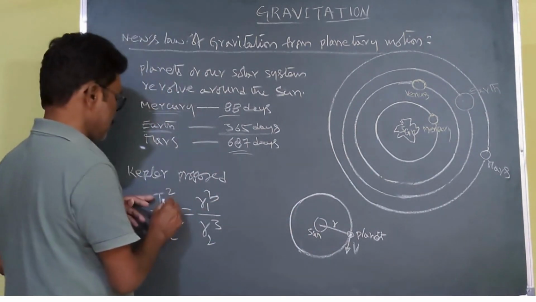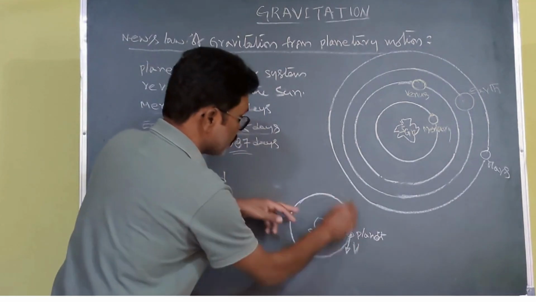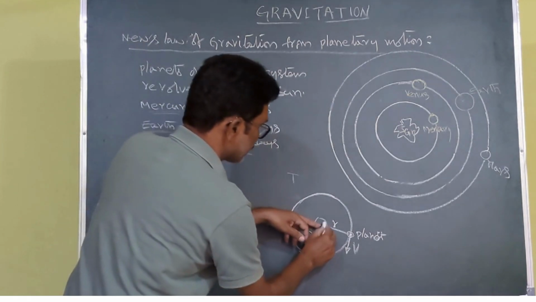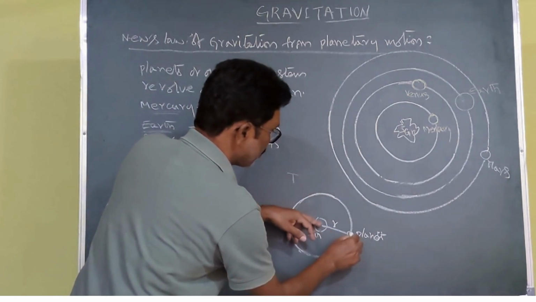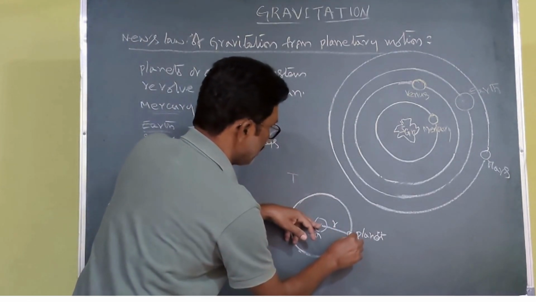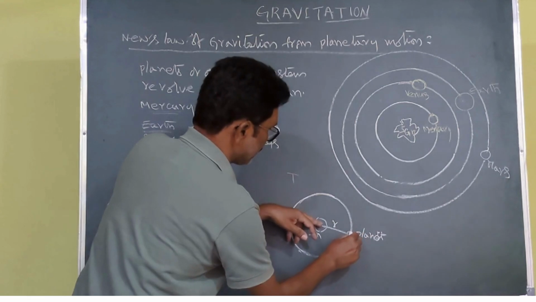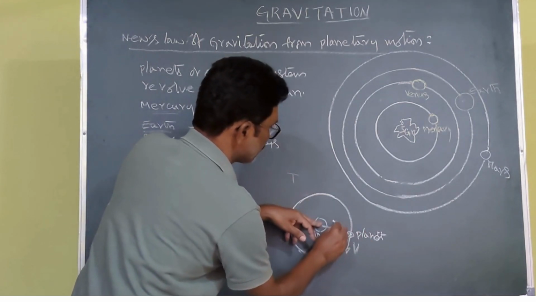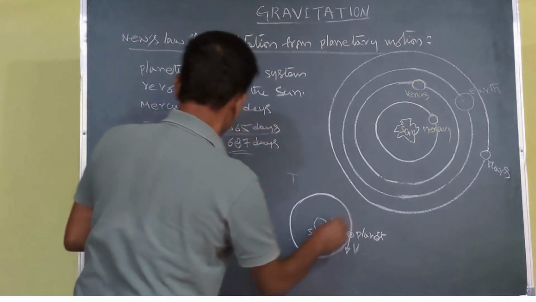The time to complete one revolution is called T. This is the radius, from the sun's center to the planet's center. The planet is rotating in this path.